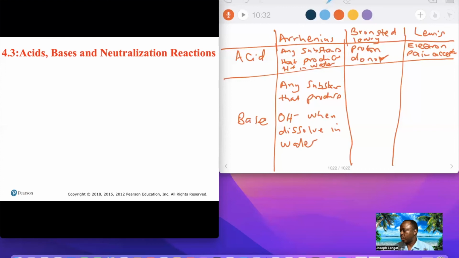E.g. NaOH, anything that produces hydroxide ion when dissolved in water is an Arrhenius base. Bronsted-Lowry definition, we define this as proton acceptor. It accepts.